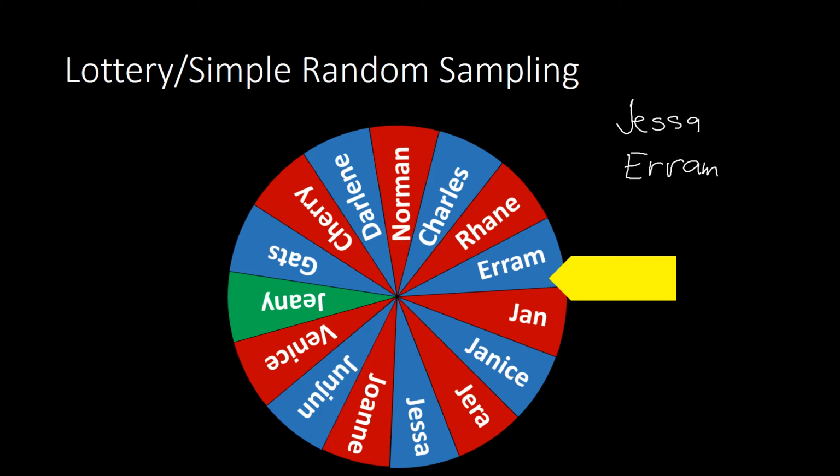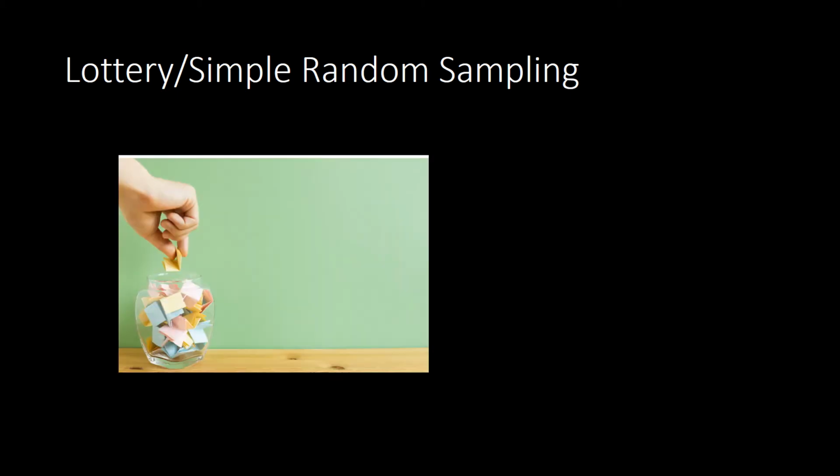Now, sometimes you may have numbers on it, and there will be a list of the population with the names assigned to the numbers. So you can also do that one. Another way of doing the lottery or simple random sampling is through draw by lot. You will be drawing names of the population from any container, such as a hat or a box or a fishbowl.